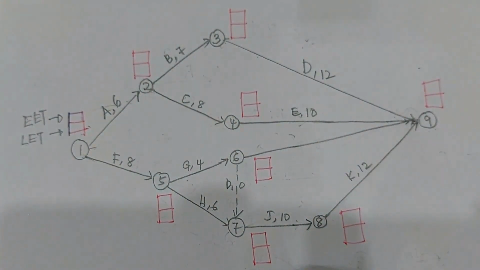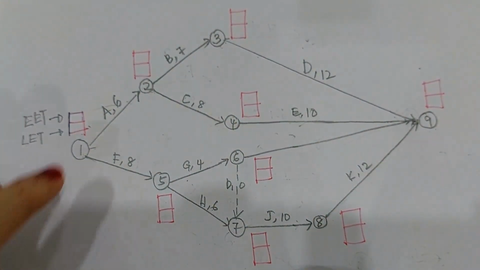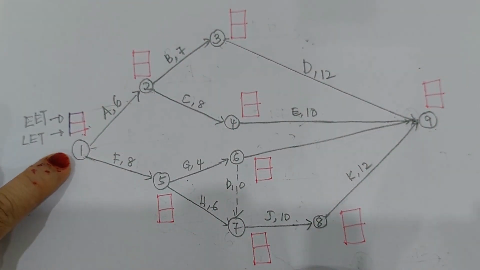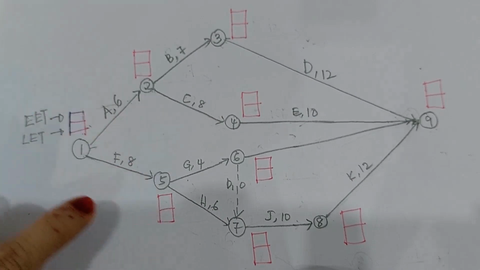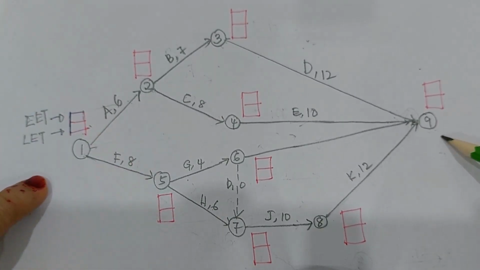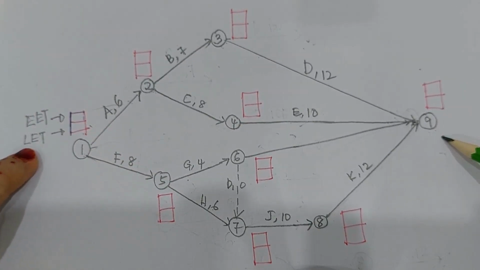So we will start with event number 1. We will follow the event number, and we will calculate the EET first, earliest event time. Once we finish the earliest event time for all the events up to event number 9, only then we calculate the LET. So kita habiskan EET dulu, then only we proceed to the LET.